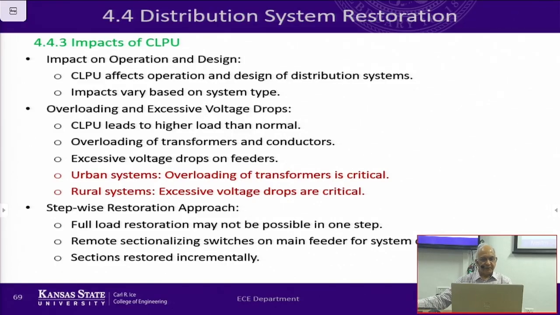And of course, in terms of the system analysis, for urban systems in general, overloading of transformers is more critical because the feeders are not very long in urban systems. So the voltage drop does not necessarily create a problem, but before that, the transformer loading will be a problem.